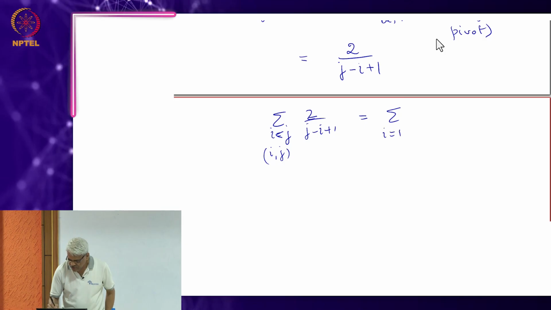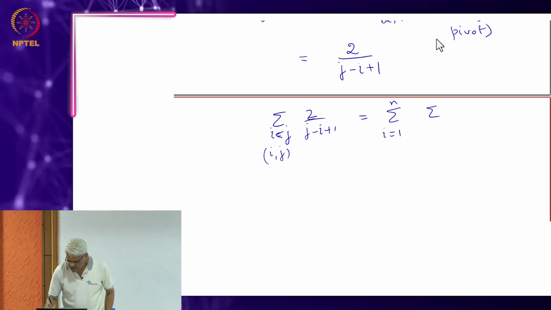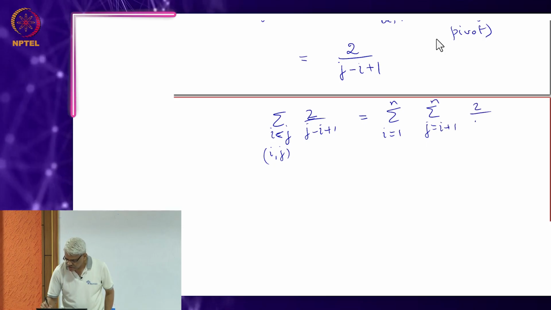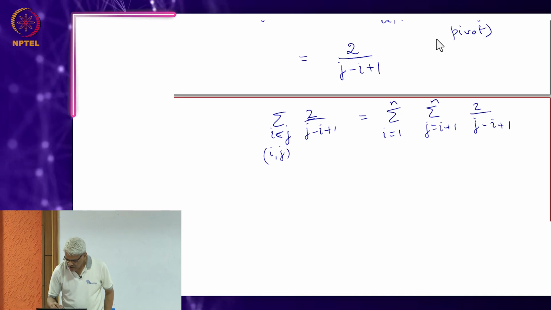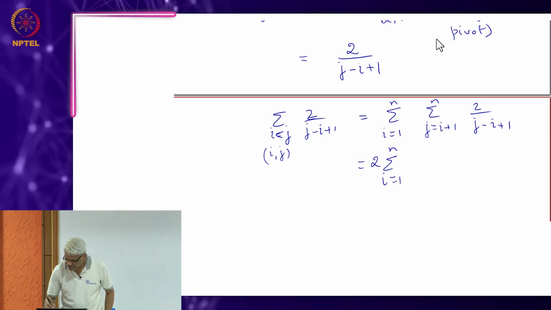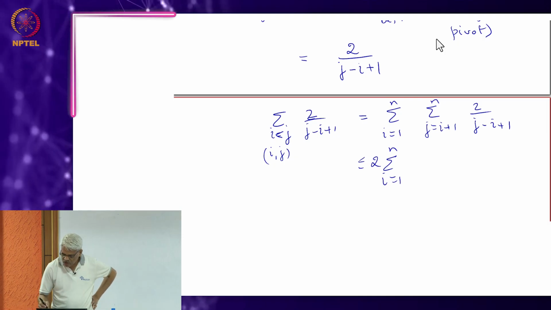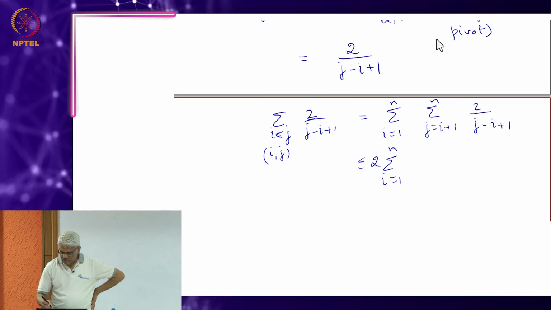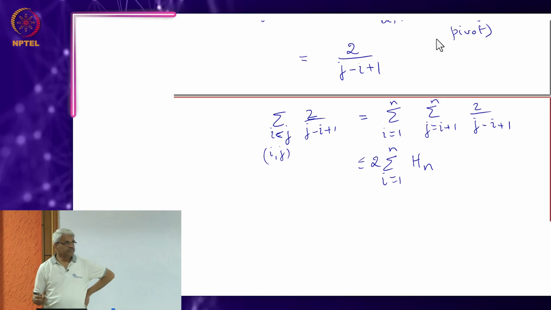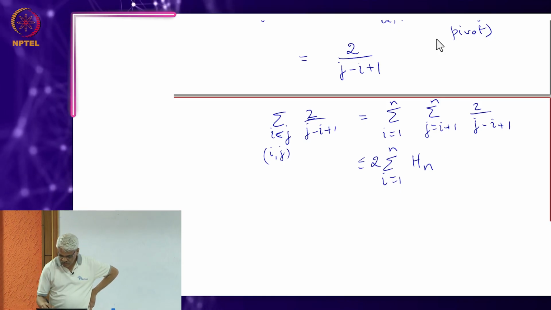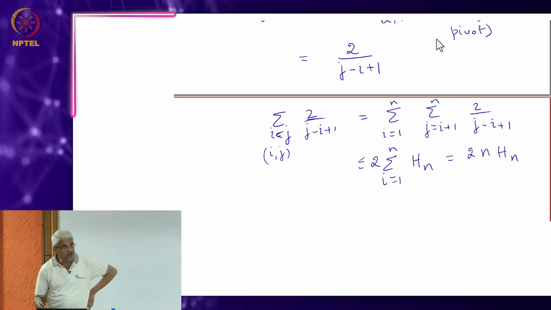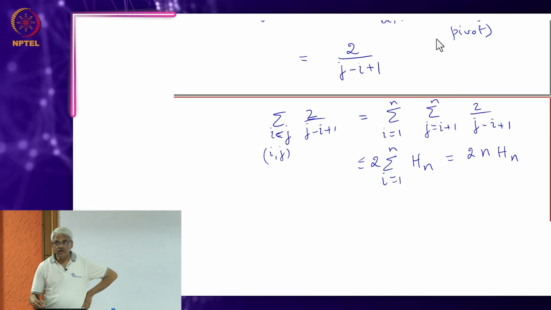Summation i going from 1 to n and j going from i plus 1 to n of 2 by j minus i plus 1. This is equal to summation i equal to 1 to n. Let me take the 2 out. If it goes all the way from 1 to n, it will be Hn, harmonic series. So, this is 2 n Hn, and Hn I told you is asymptotically order log n.